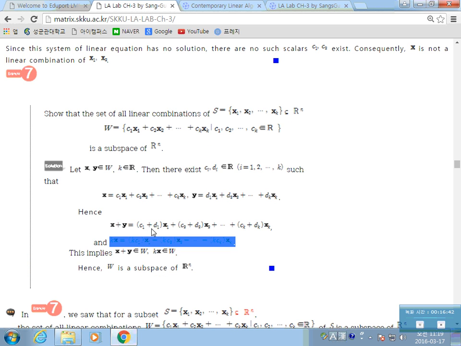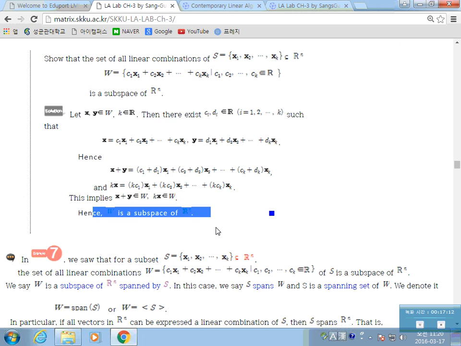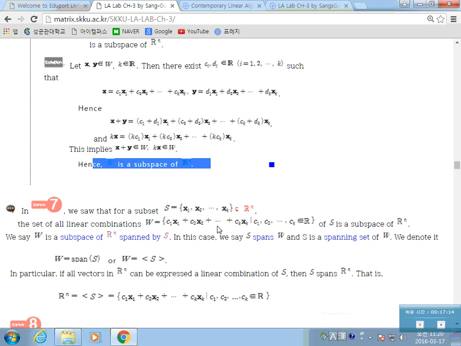C1 plus D1 is a real number, and C2 plus D2 is a real number, and CK plus DK is a real number. So this is in W. Next, KC1 is a real number, and KC2 and KCK are all real numbers. So this is in W as well. So W is closed under vector addition and scalar multiplication. So W is a subspace of Rn by the definition. Okay? So it's a subspace.